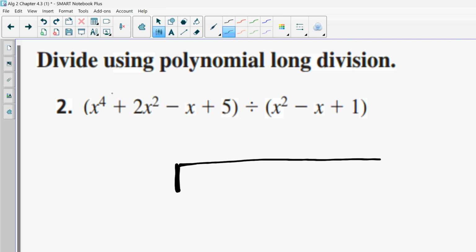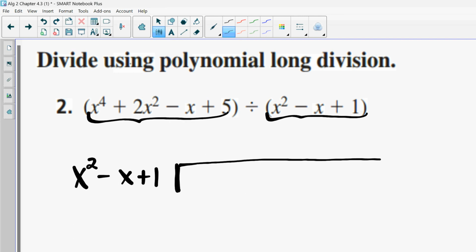Now the start is setting the problem up. So we have our division symbol with long division. We put the expression after the division sign outside, so our x squared minus x plus 1, and we put our other expression inside.